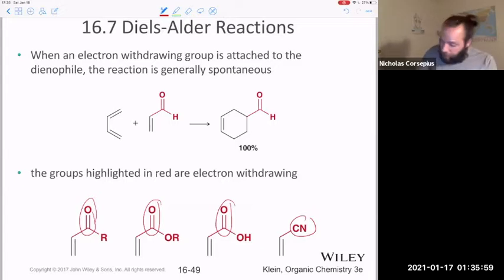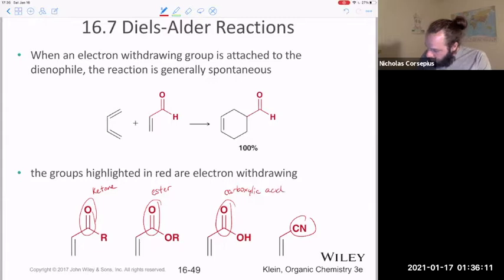And so that could either be a ketone or an ester or a carboxylic acid, or, again, a cyano group. Any of those would be electron withdrawing groups. And by adding that to your dienophile, you can get to 100% product formation, 100% yield. Really helps drive this reaction forward.